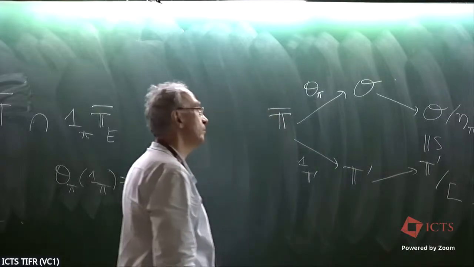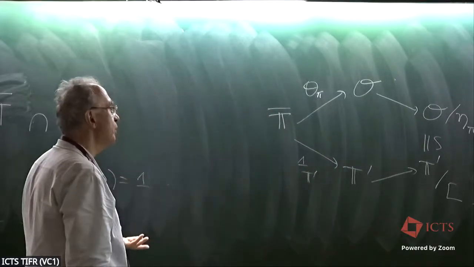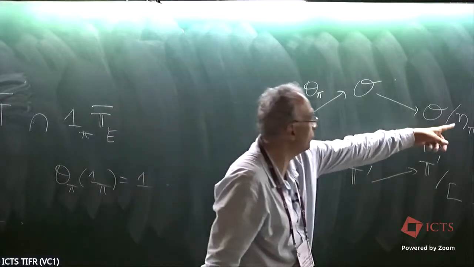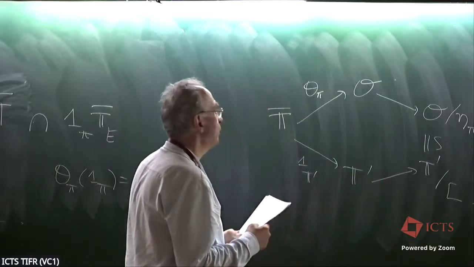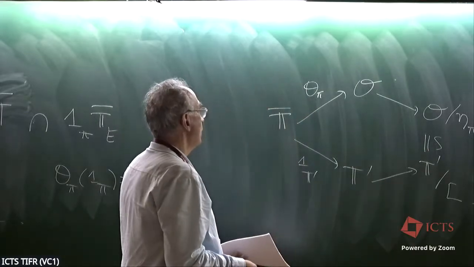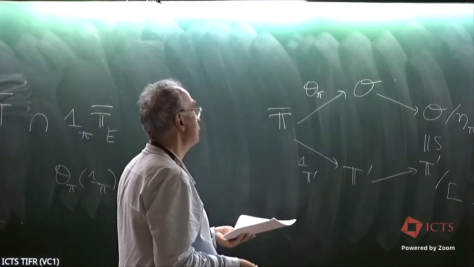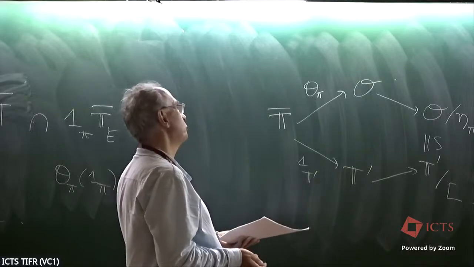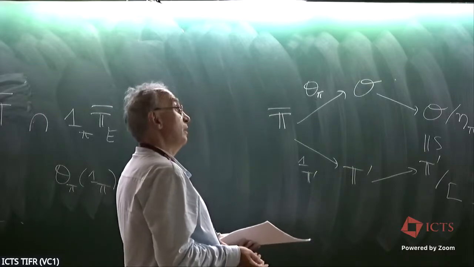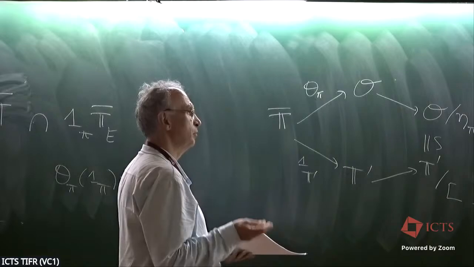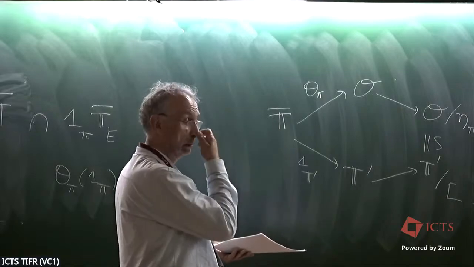There are many, many ways to describe the congruence ideal or number. So you see here, I am describing it as a, how do you say that? Is it a push out?